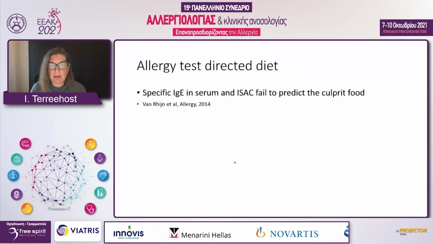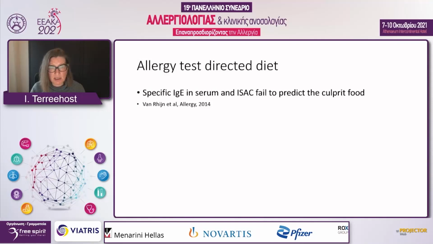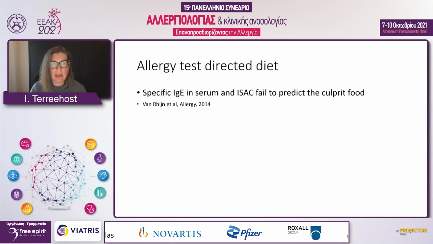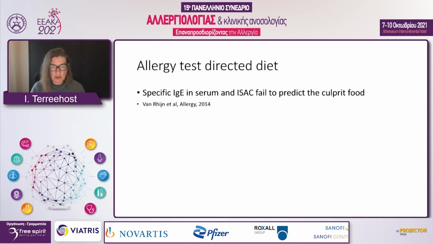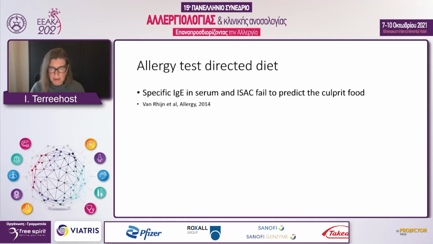Is it then any better in specific IgE in serum and the ISAC test? Well, no. There was a study done in the AMC in 2012 and 2013, which was published in Allergy a year later by Van Rijn of the gastroenterology department, where they used an ISAC-directed allergy diet.